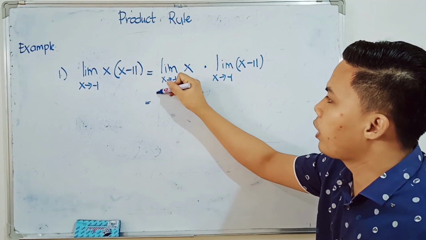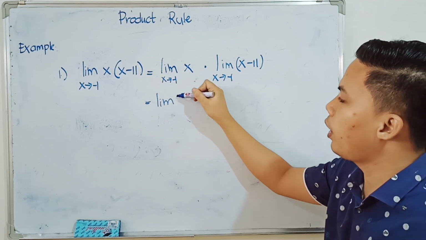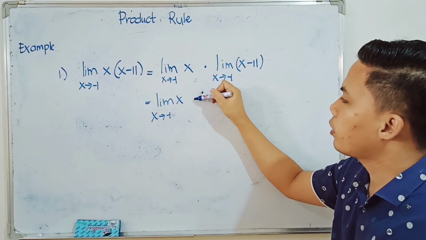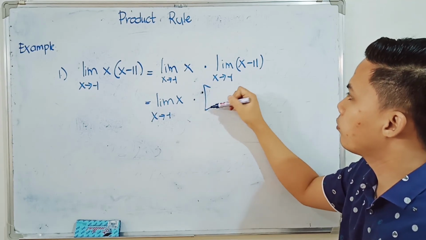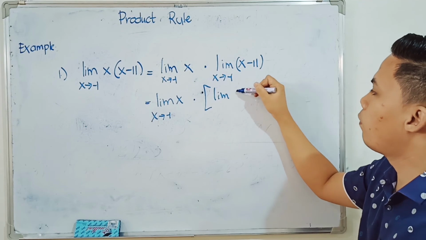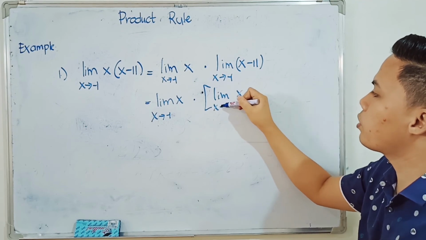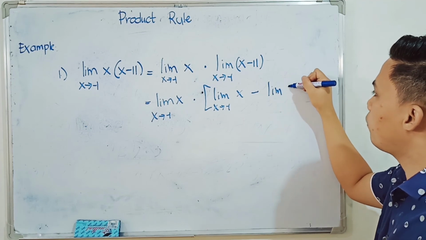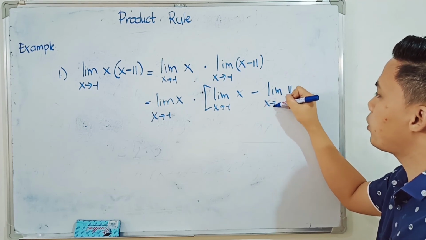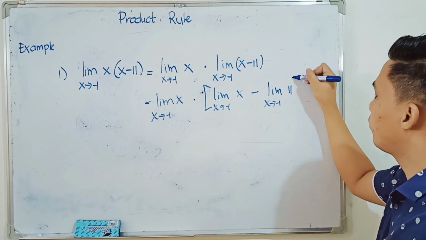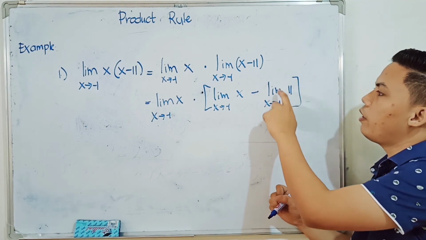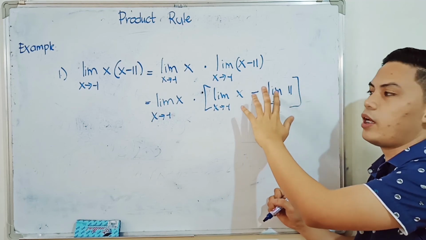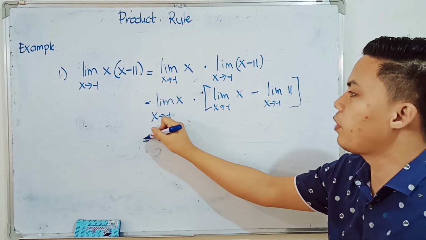So, we can rewrite this one as the limit of x as x approaches negative 1 times the limit of x as x approaches to negative 1 minus the limit of 11 as x approaches to negative 1. Okay, yung negative 11, dito natin nilagay si minus. Okay, kasi nga subtraction sila. So, you can simplify this one.